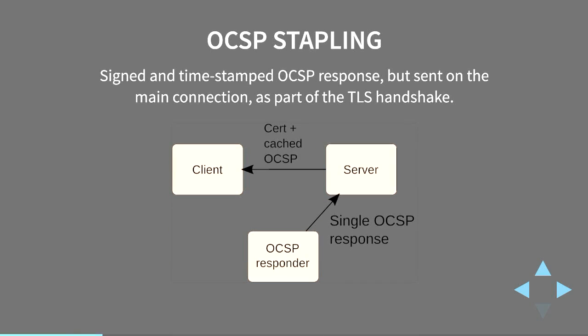So just on OCSP stapling, it actually doesn't require you to talk to any other services, which is probably the best evolution so far we've got on revocation checking. It allows you to basically see from the traffic itself whether you're in a good position or not.